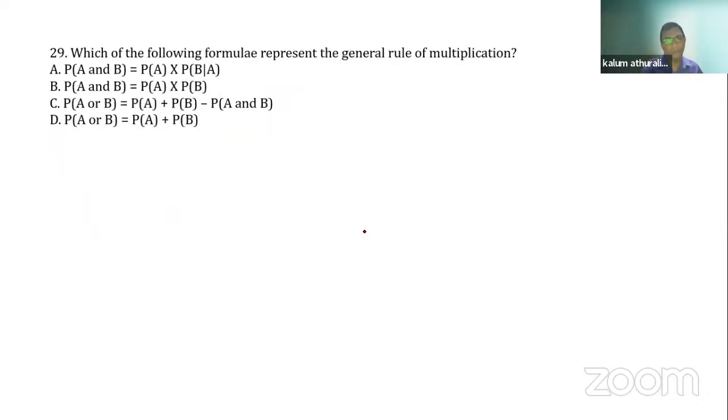Right, next one. Each of the following formulas presents the general rule of multiplication. The general rule of multiplication is the cross product of the conditional probability formula.